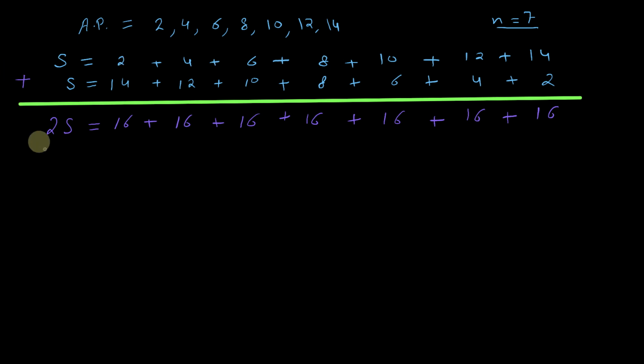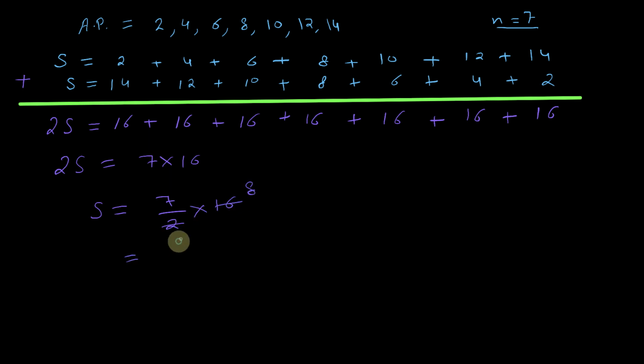So you can say that 2s is equal to 7 times 16, or s is equal to 7 upon 2 times 16, and cancel these terms.